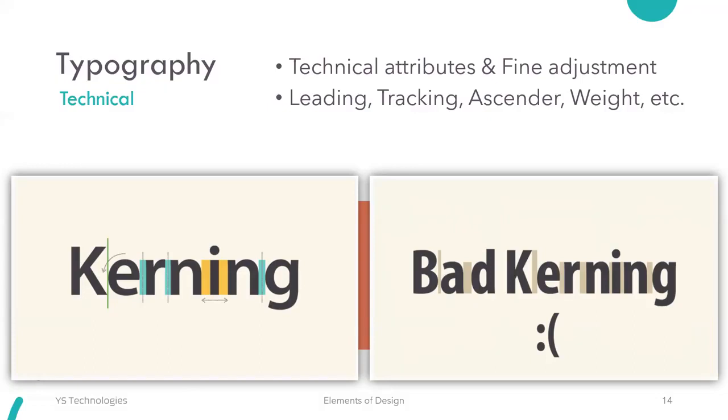Then we would have to manually adjust the spacing between the letters to make them even. The rule of thumb is that whatever the font we are using, we should kern the titles.